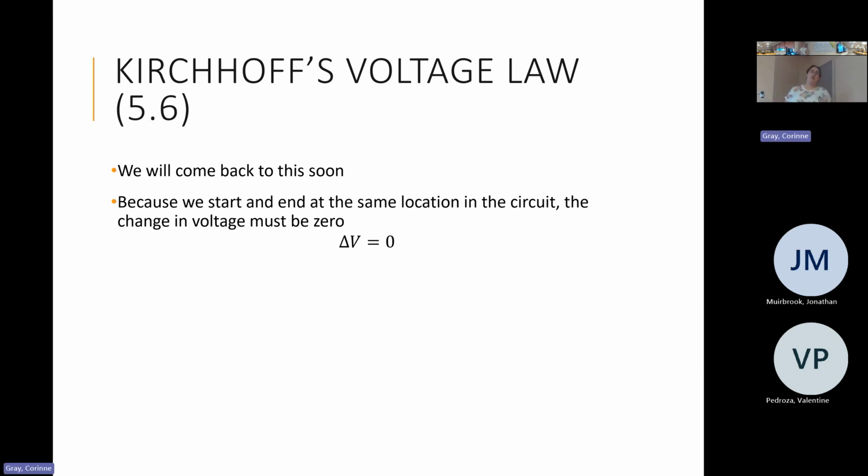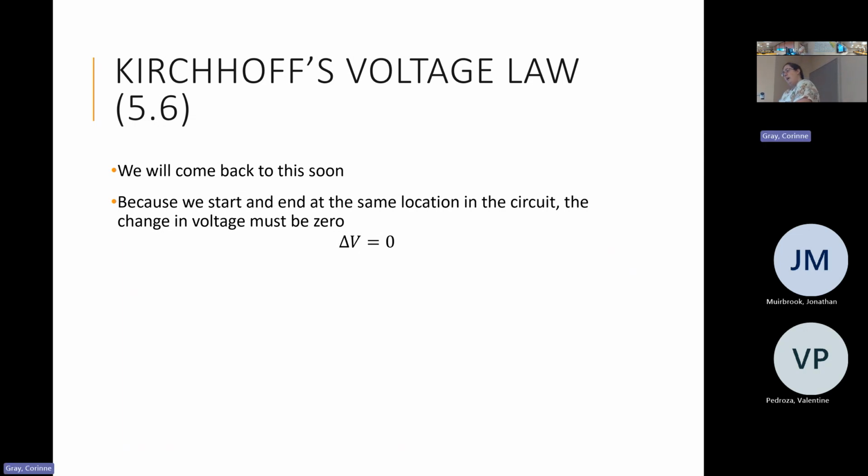I'm only changing voltage anytime I have a circuit element inside my circuit. That's my batteries, my resistors, and, when we get to them, capacitors and inductors. Those are the only things that affect voltage for this class.